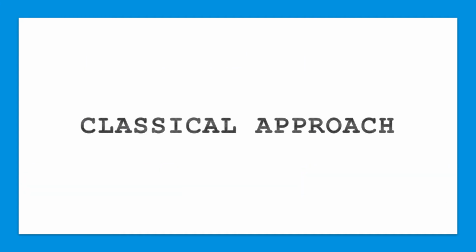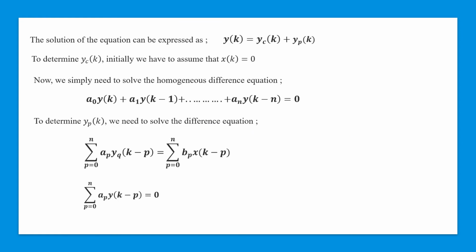Classical approach. In this method, the solutions can be determined by finding the complementary and particular parts of the solution. The method is very similar to that used to solve differential equations. The solution of the equation can be expressed as y(k) = yc(k) + yp(k).